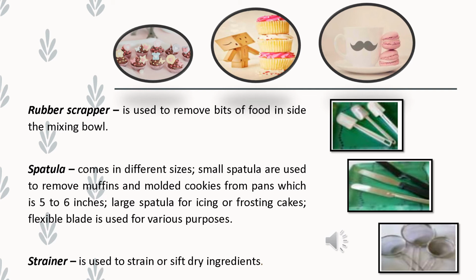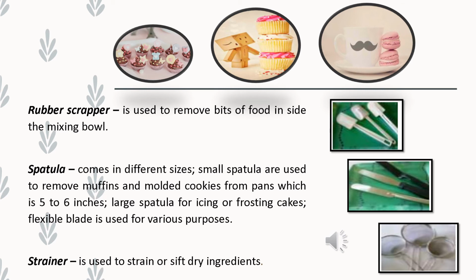Spatula comes in different sizes. Small spatula are used to remove muffins and molded cookies from pans, which is 5 to 6 inches. Large spatula is used for icing or frosting cakes. Flexible blade is used for various purposes.